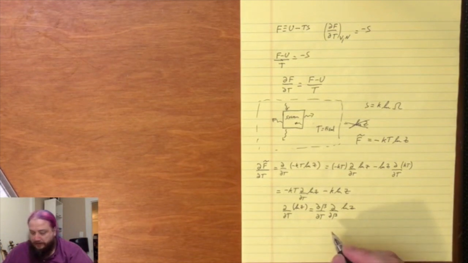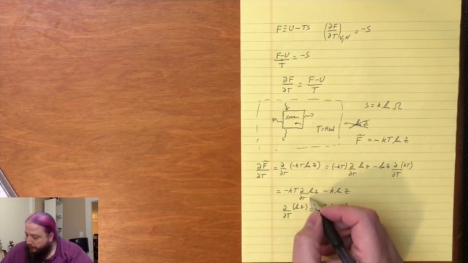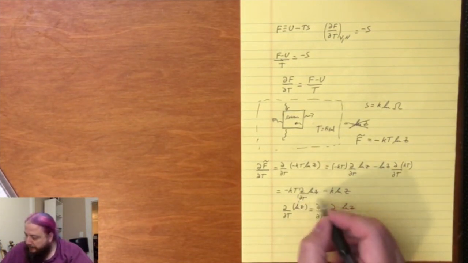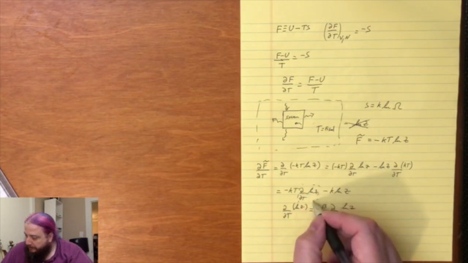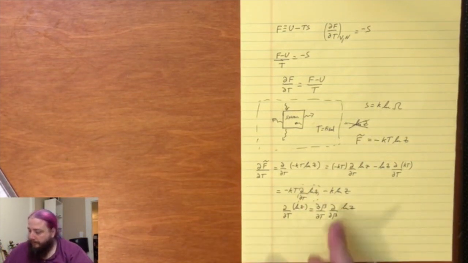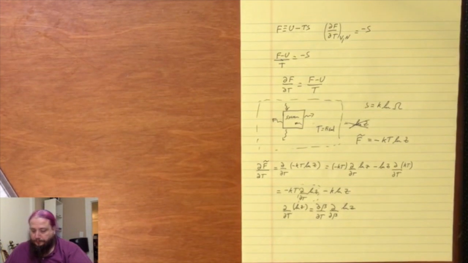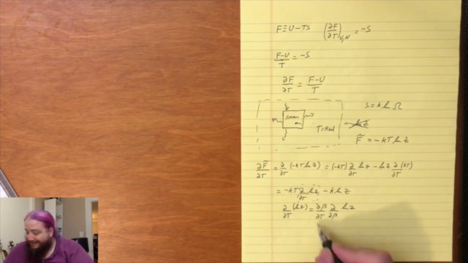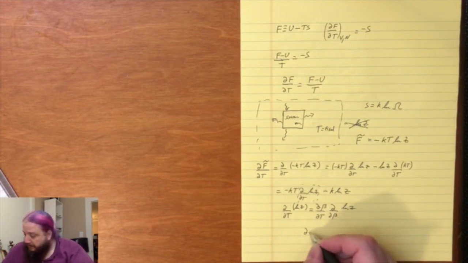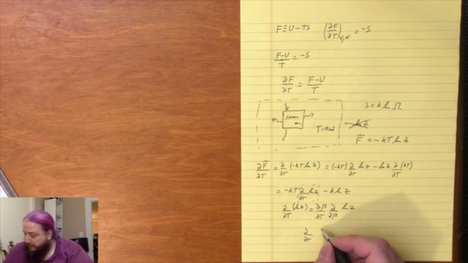And so we're trying to evaluate this little bit right here. So this first term, d beta dt, that's just d by dt of 1 over kt.